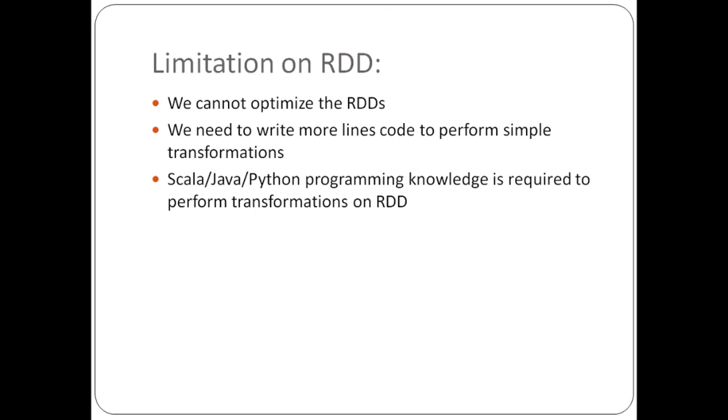It looks like pure Scala code, and the lines of code will be more. And if you want to learn RDDs, you should know one of the programming languages, Scala, Java, or Python, to perform the operations on an RDD. So these are the limitations: we cannot optimize, the number of lines of code is more, and programming knowledge is required to perform operations on an RDD.